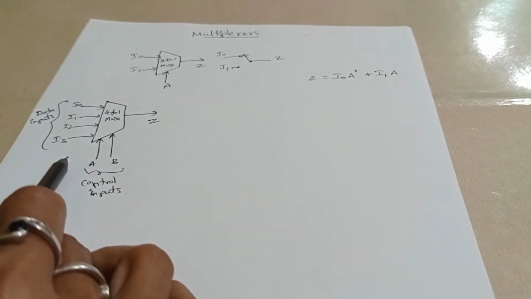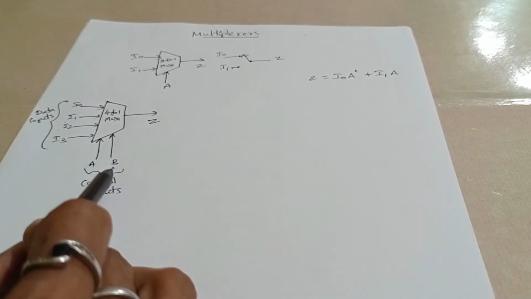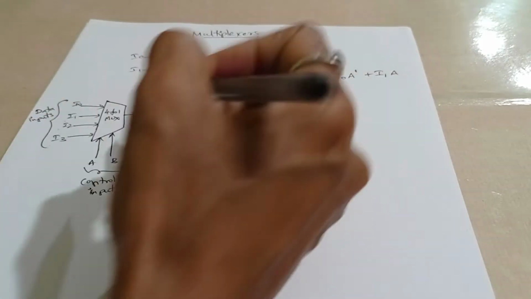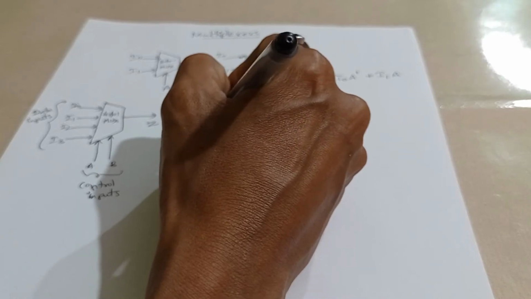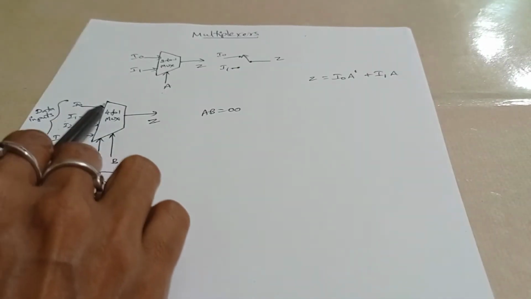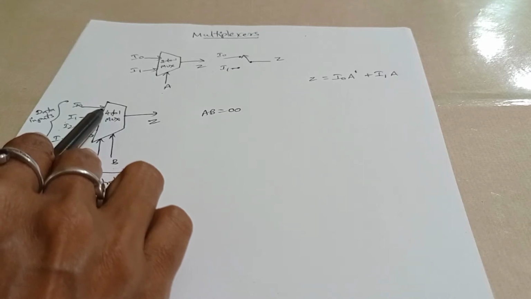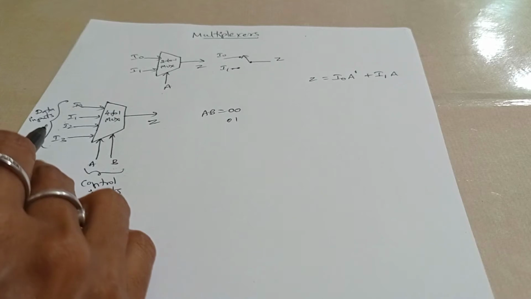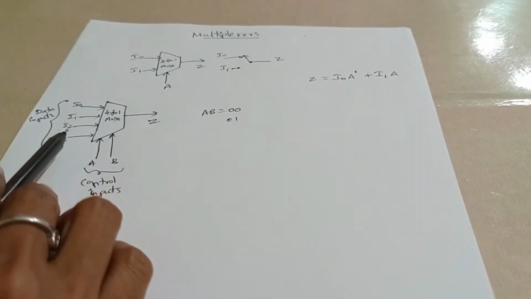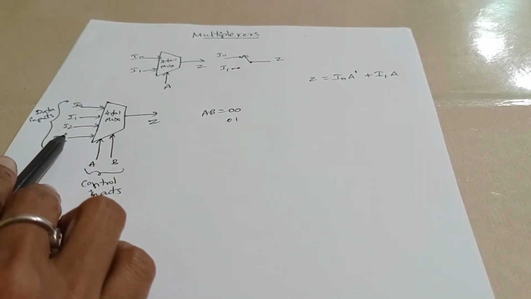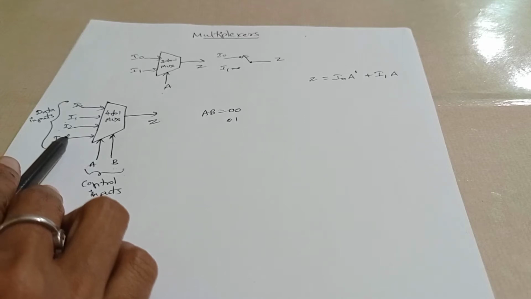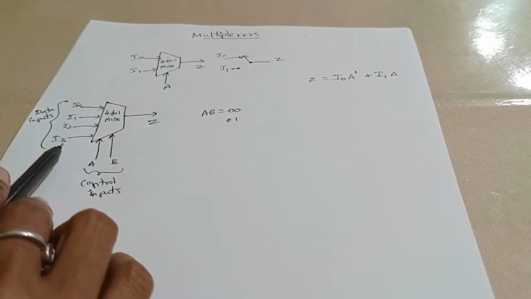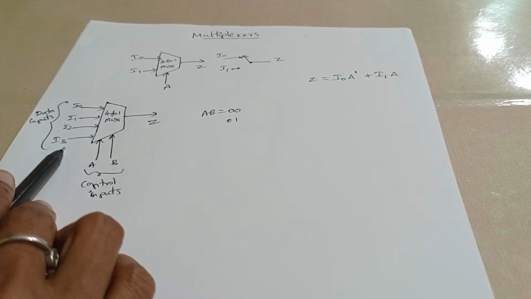That is, if the control inputs A, B are 0, 0, then it selects I0. Similarly, control inputs 0, 1, then it selects I1. Same as if the control inputs 1, 0, it selects I2, and for 1, 1, it selects I3.